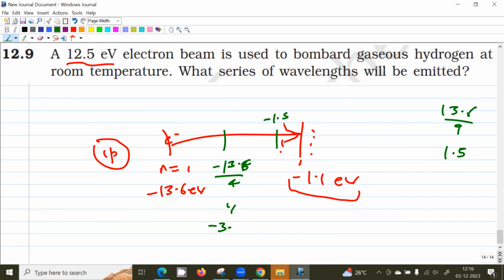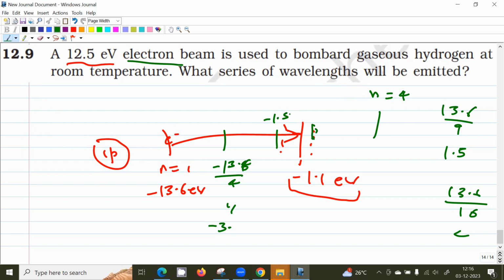The next one is minus 13.6 by 16, which is less than 1, so the fourth level will be here, n equal to 4. So this electron beam can take the electron from here to some level here, but there is no level here.